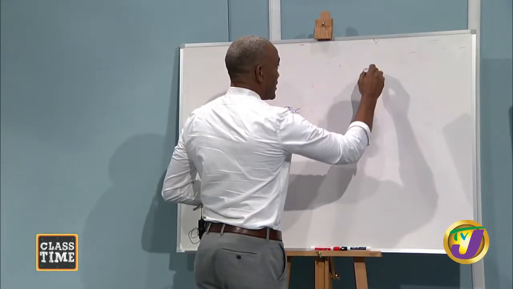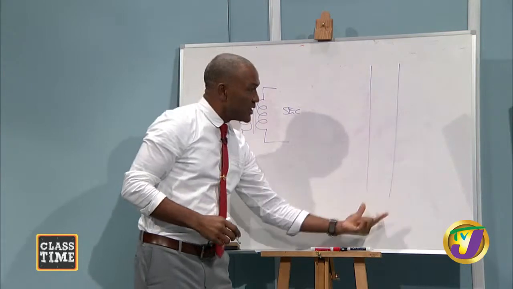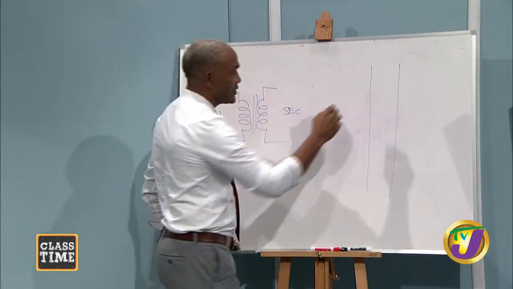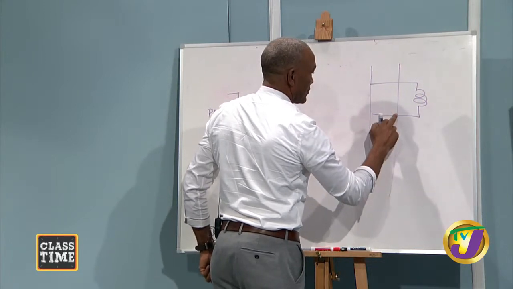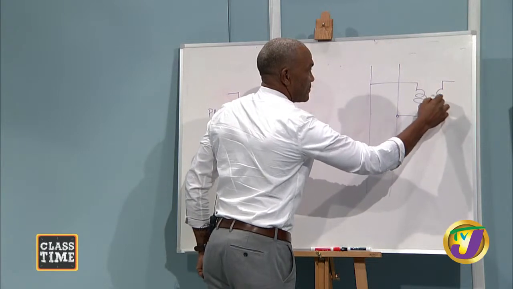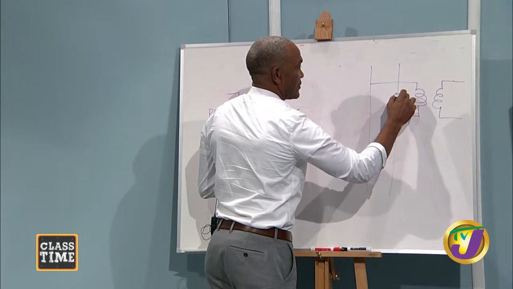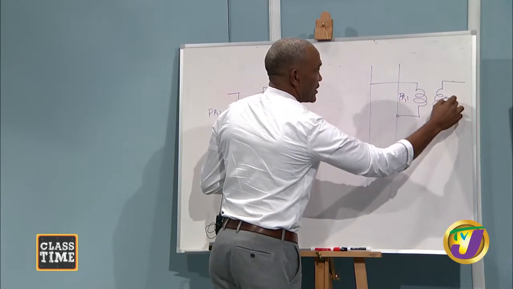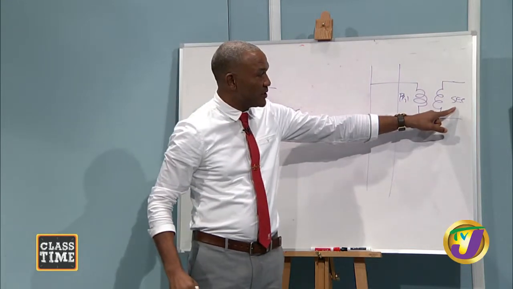But if you're drawing this in a circuit diagram, and let us say we do it vertically, your supply lines, and this is a transformer on this side. Right? This would be your primary, and this would be your secondary. So you see you have your primary on your left, and your secondary on your right.